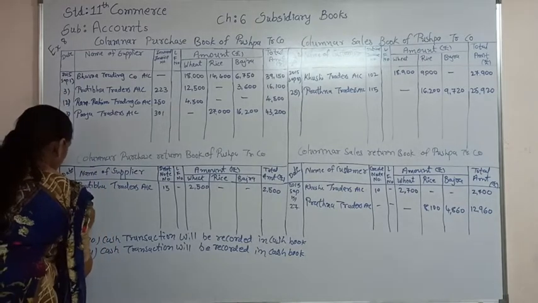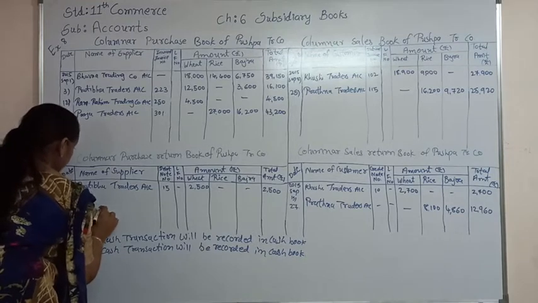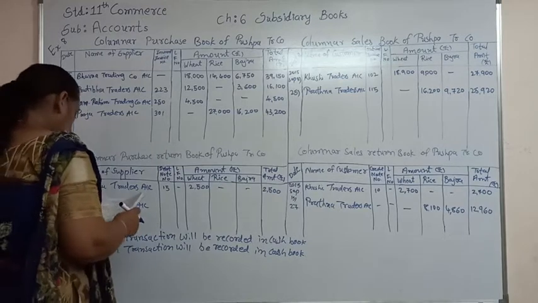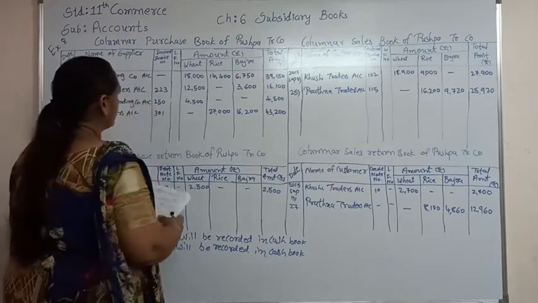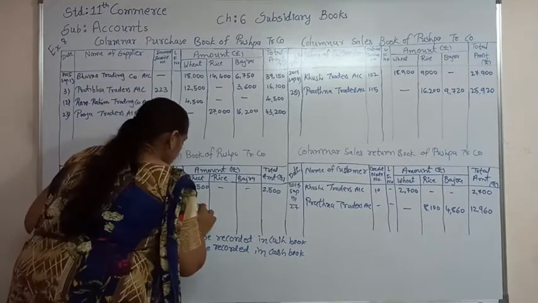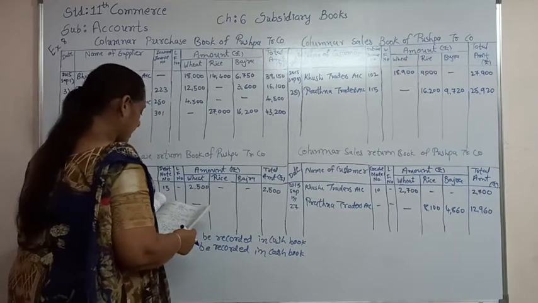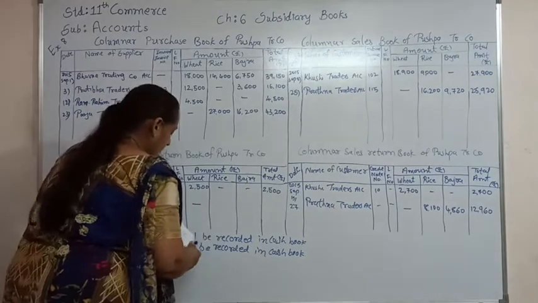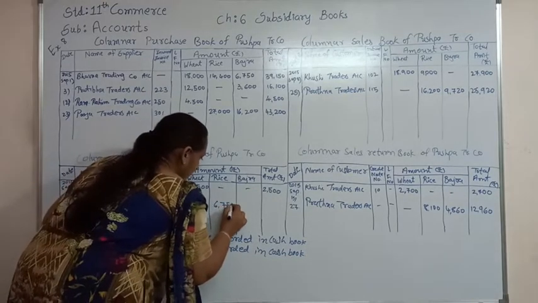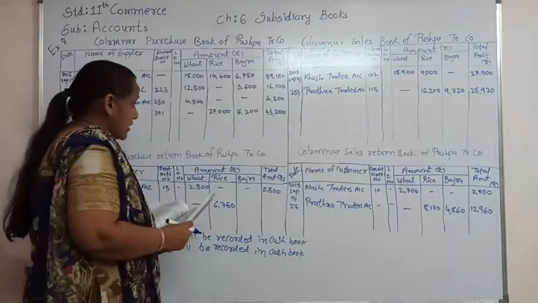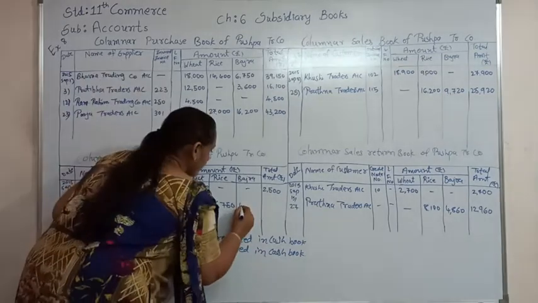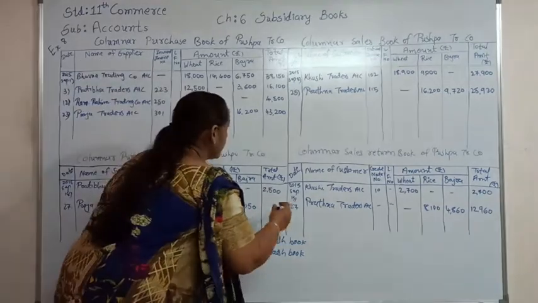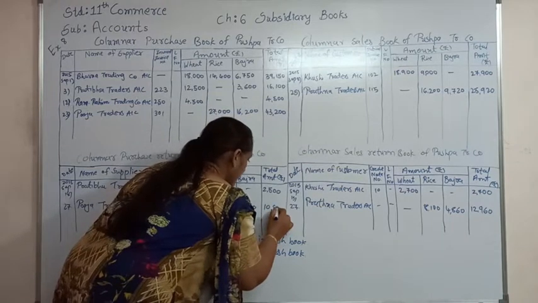The same way, in the Pooja Traders account, here we haven't purchased any wheat, and we have purchased the rice, and 27,000 divided by 4 will be 6,750. Here 16,200 divided by 4 will be 4,050, and the total of that will be 10,800.